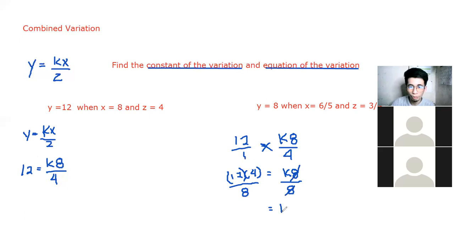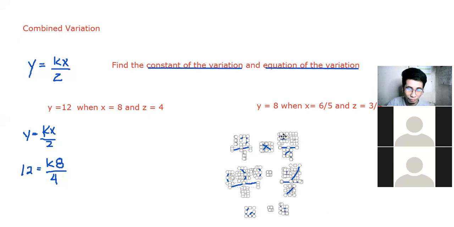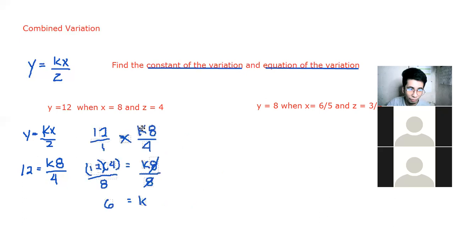Then, what is the value of our K? 12 times 4, what is 12 times 4? 48, divided by 8. So we will have 6. Okay? So the value of our K is 6.